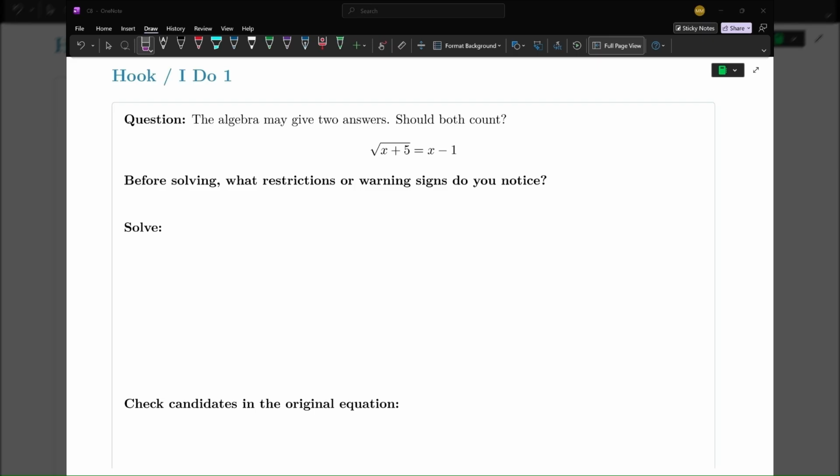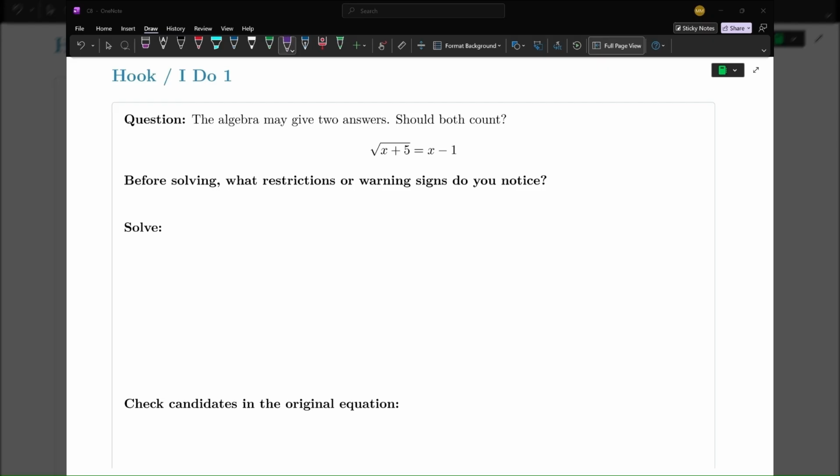So your hook here, before starting: what restrictions or warning signs do you see? Said another way, before we do any algebra, what has to be true for this equation to make sense? And after we square it, why should we be suspicious? I'm going to attack this question the way most of us would.